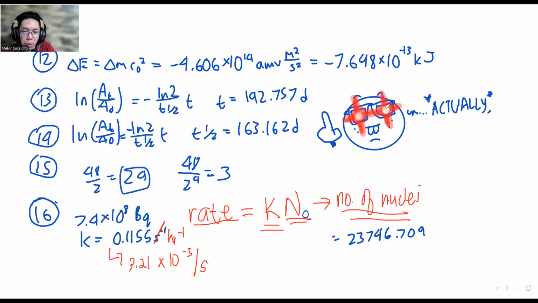So, how will you get the N0? So, N0 is equal to rate over k. Ayan. Ano yung number of nuclei involved na, Josh?